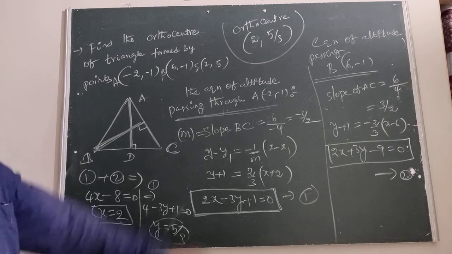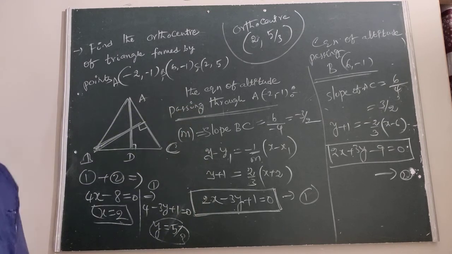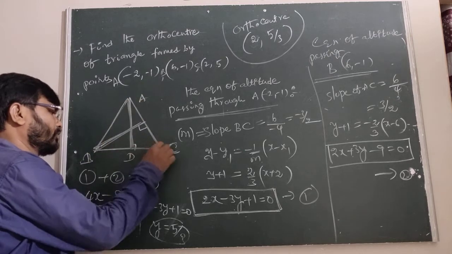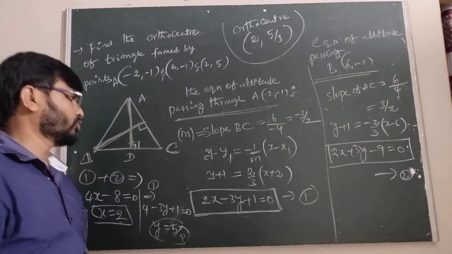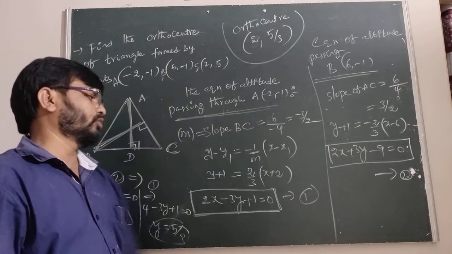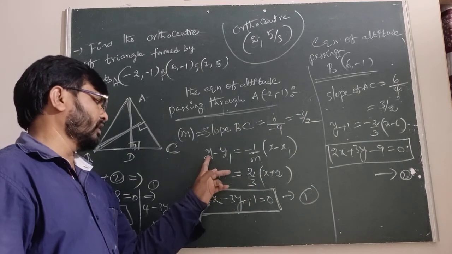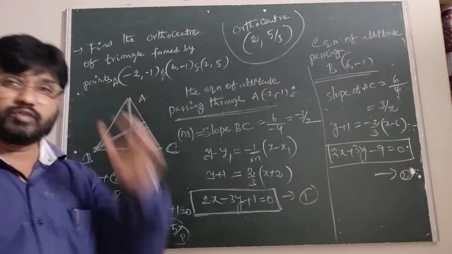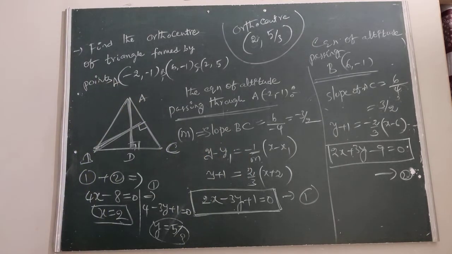How to find it? First, we find the equation of the altitude passing through the point A, that is (x1, y1). We have to take the perpendicular slope. First, we find the slope of BC, and the perpendicular slope is minus 2 by 3. The equation of the line through A and perpendicular to BC is y minus y1 equal to minus 1 by m into x minus x1.